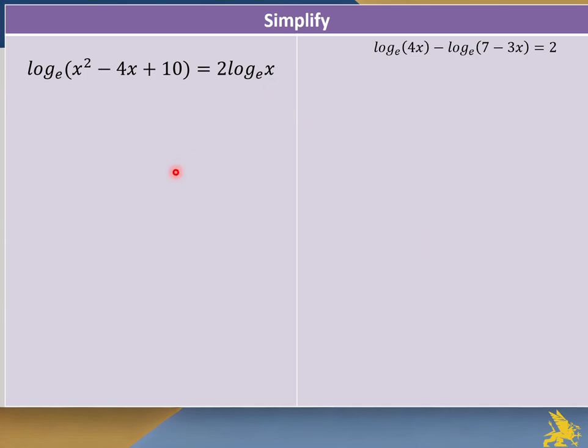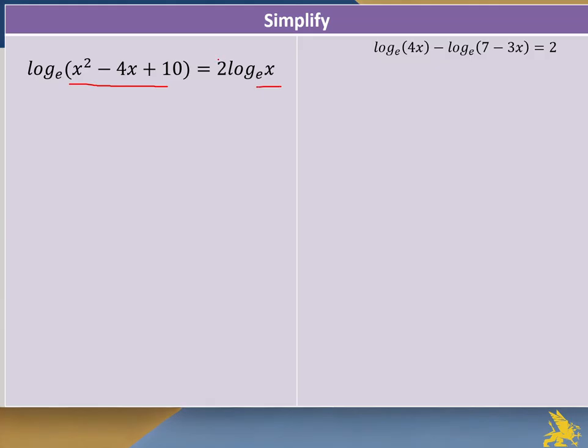Okay, next one, we've got log base e x squared minus 4x plus 10 is equal to 2 log base e x. So the first thing I'm going to look at is we are wanting to get this side on the left looking similar to this side on the right.